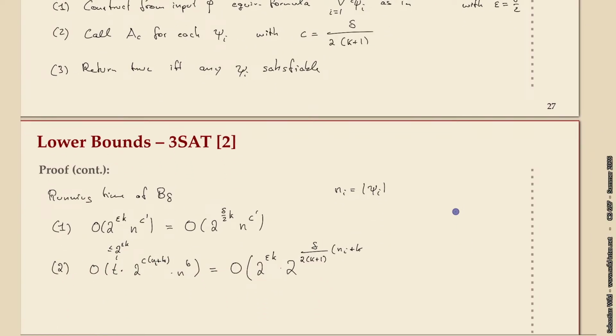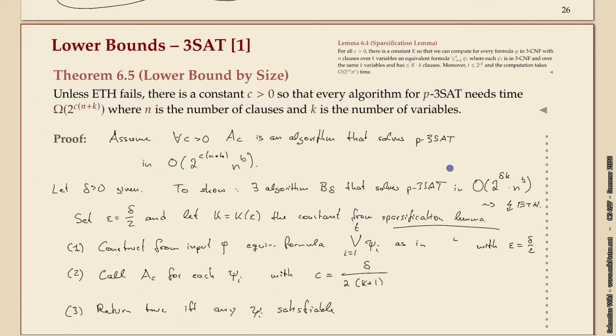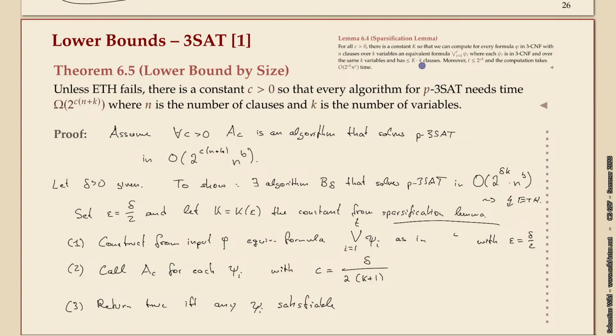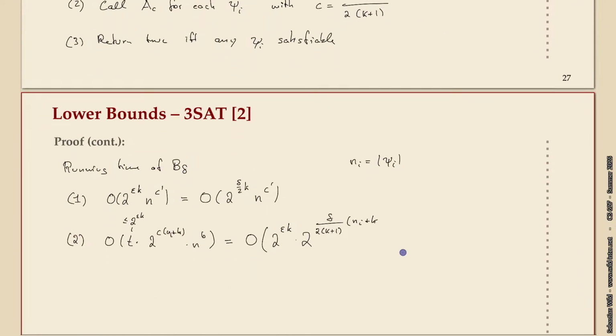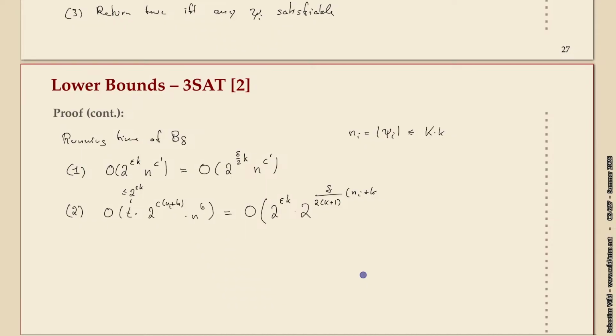And that's the last bit where we need the sparsification lemma. Again, going back up one more time: the number of clauses is bounded by capital K times small k. And if you plug that in, n_i is less or equal to big K times k. So here we have capital K plus 1 times k.